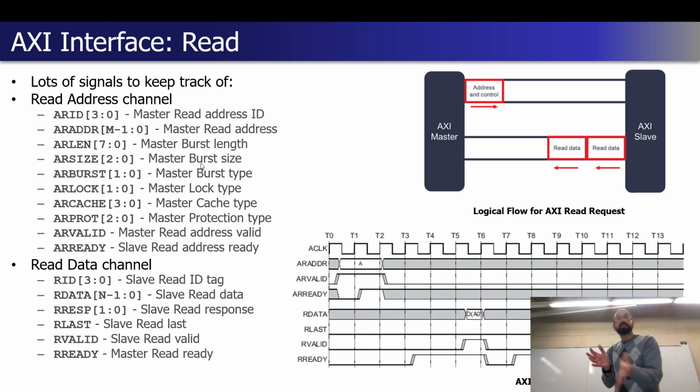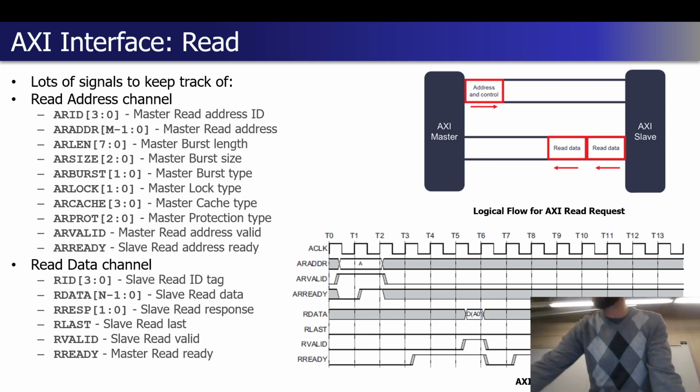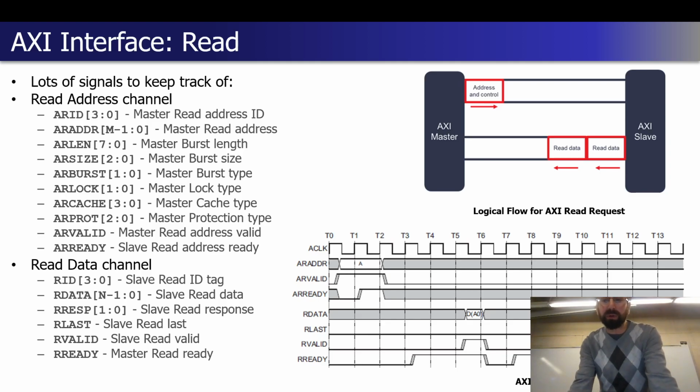So length is how many beats in the burst, between 1 and 256 things that we are going to send. Burst size is how big the amount of data is that we're sending in each beat. And then there are different burst types in terms of how we are incrementing the address as we do that burst operation. That is for the address channel itself.